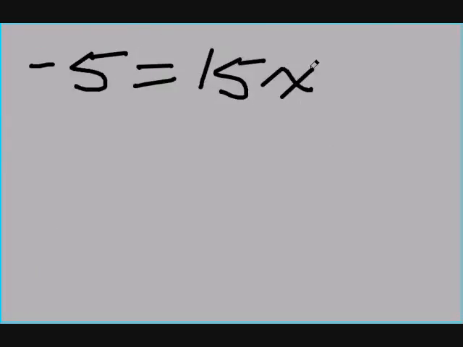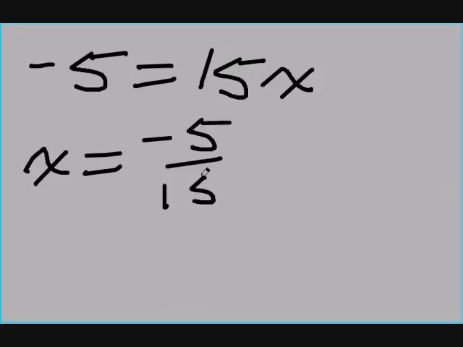Again, subtracting 6x from both sides. Now I divide both sides by 15. I'm just going to flip the equality. I get x equals, because I divide by 15, negative 5 divided by 15, and this is negative 1 over 3. Alright, so this should be our solution to the problem.